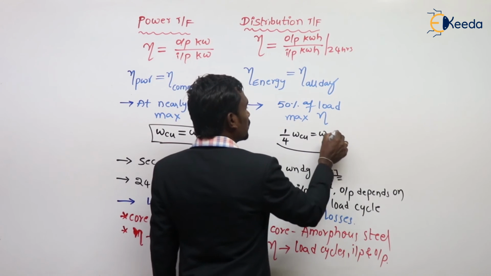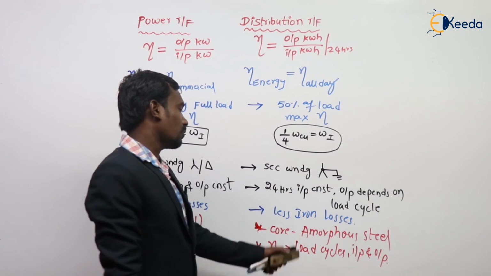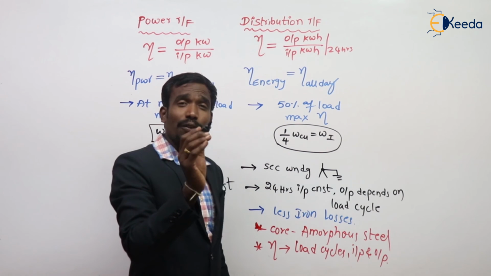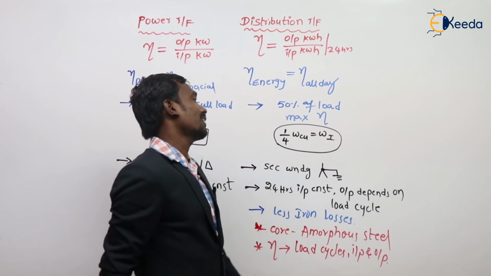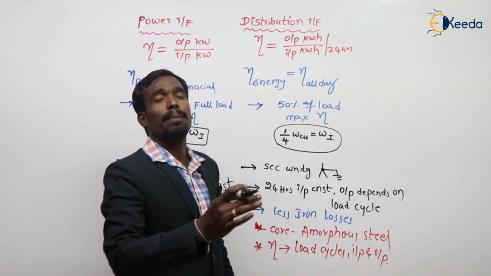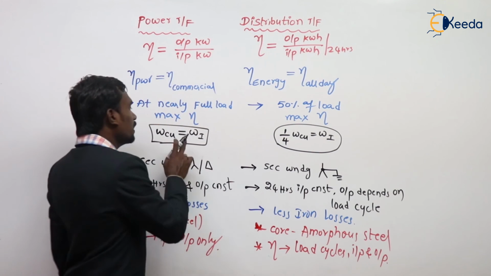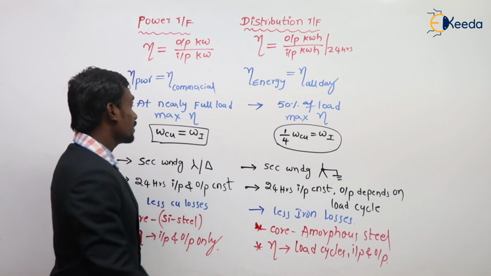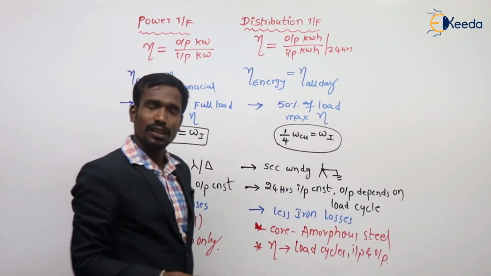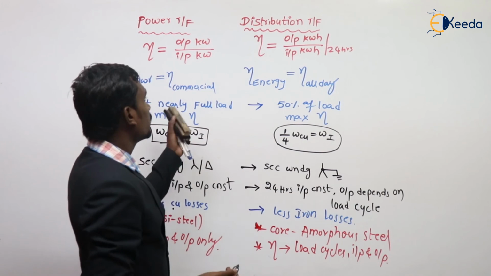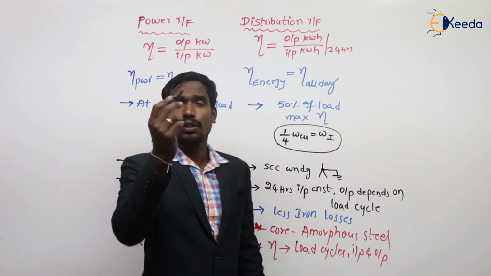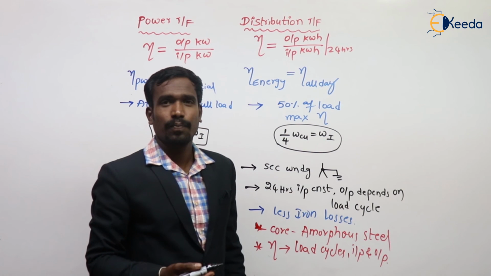That's why I told you the manufacturing should be with less iron losses. Iron losses should be equal to one-fourth of the copper losses. If the iron losses are less, we can get the maximum efficiency. These are the differences between the power transformer and the distribution transformer.